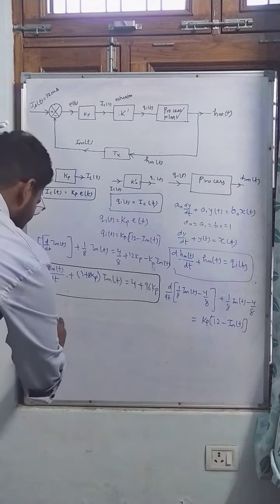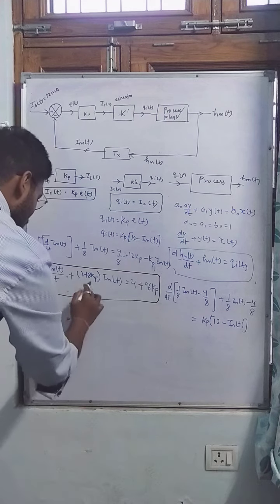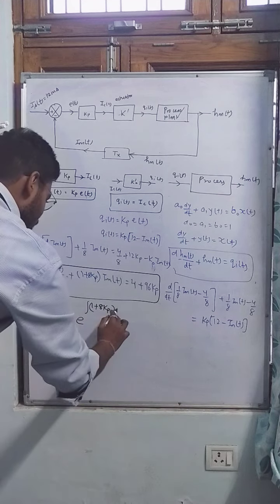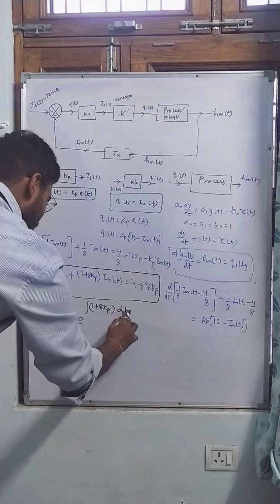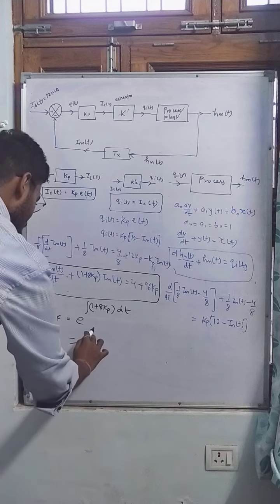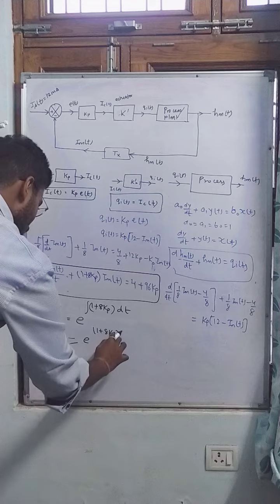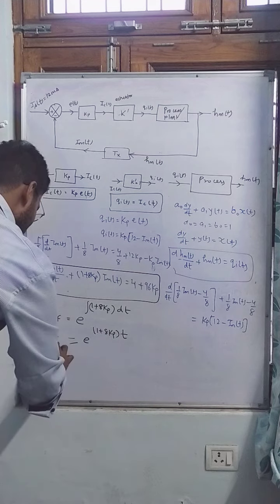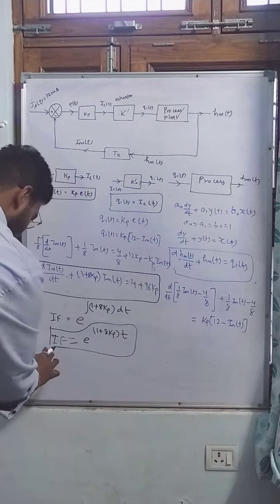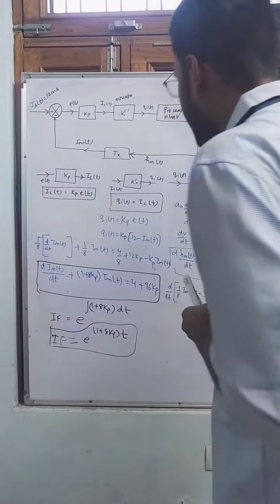So in that case we need to find the integrating factor, which is equal to e to the power integral of 1 plus 8 kp into dt. Yes or no? So you will get e to the power 1 plus 8 kp into t as integrating factor.